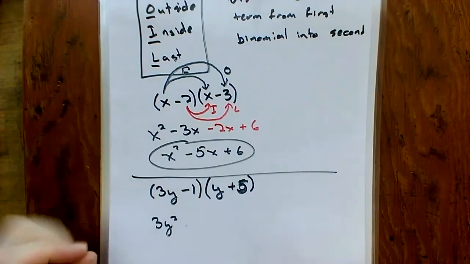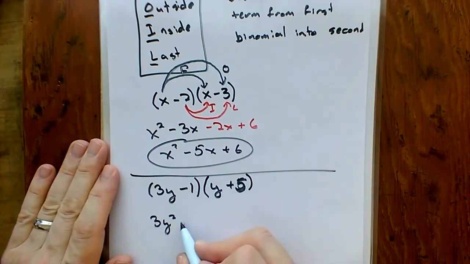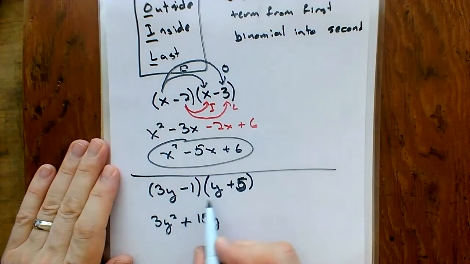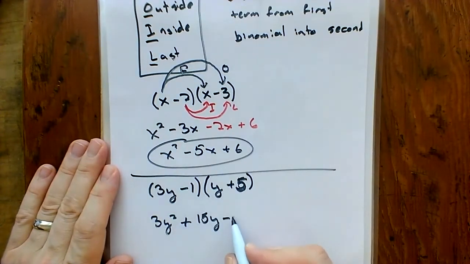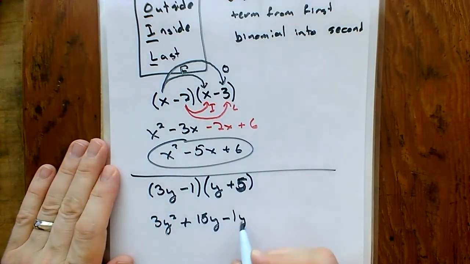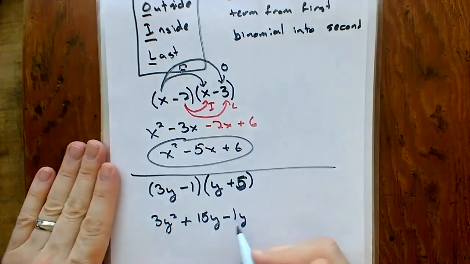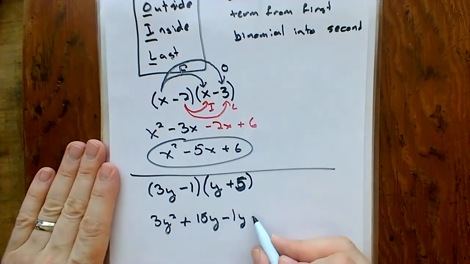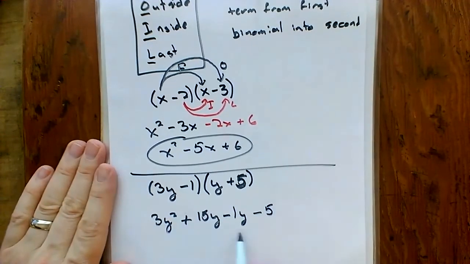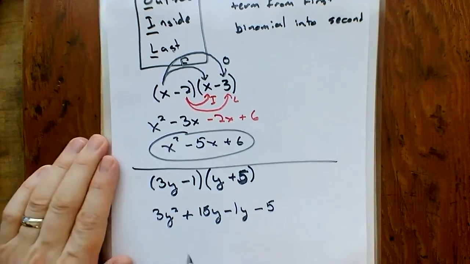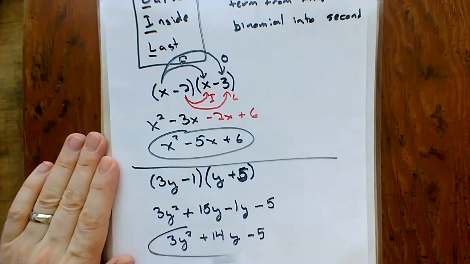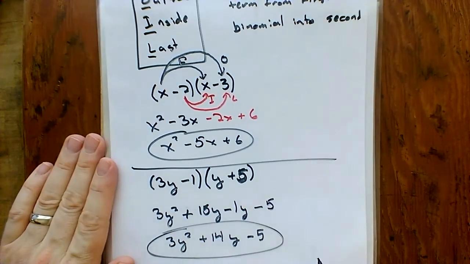My outside terms are 3y times 5, which is going to be 15y. My inside term is going to be minus 1y. I don't always have to put that minus 1 there, but I will this time. Minus 1 times 5 is going to be minus 5. So when I add together my middle terms here, we'll have 3y squared plus 14y minus 5. And we're done.